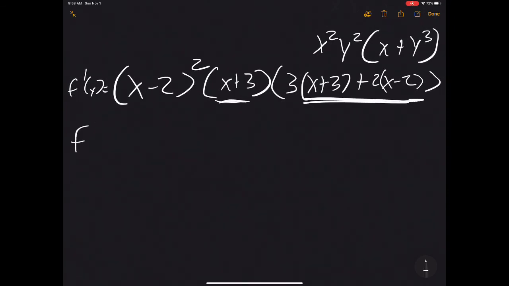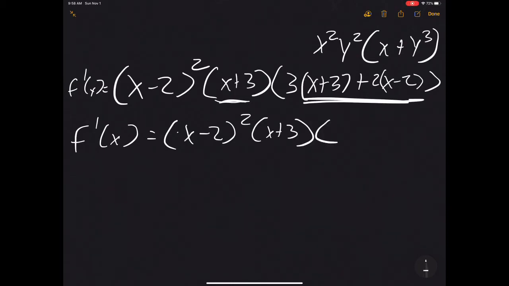So I get f prime of x is equal to (x minus 2) squared, (x plus 3), and 3x plus 2x is going to be 5x, and 3 times 3 is 9. 2 times negative 2 is minus 4. 9 minus 4 is positive 5.